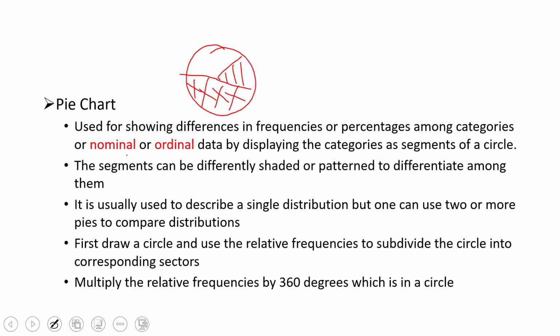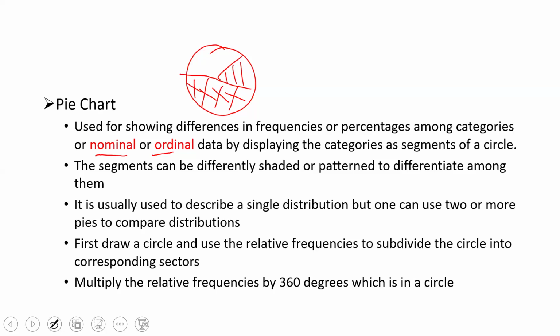That is, nominal and ordinal data. So it displays the categories, but this time around, it is like in a circle with different segments. The segments can be shaded differently, patterned differently or colored differently to signify the particular category you are talking about. It's usually used to describe a single distribution, but one can use 2 or more pies to compare distributions.